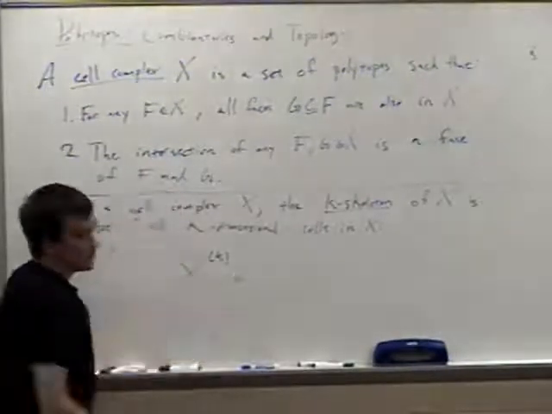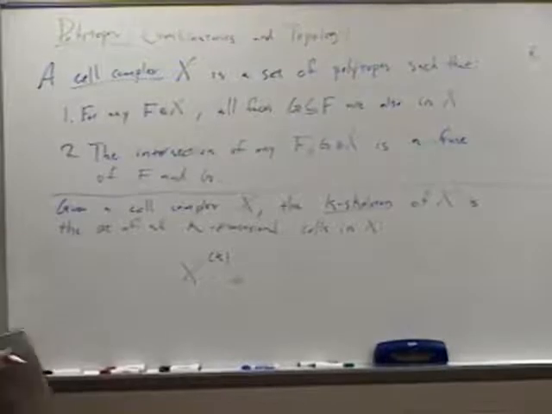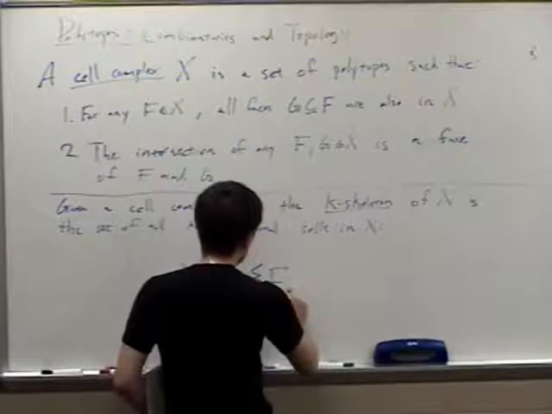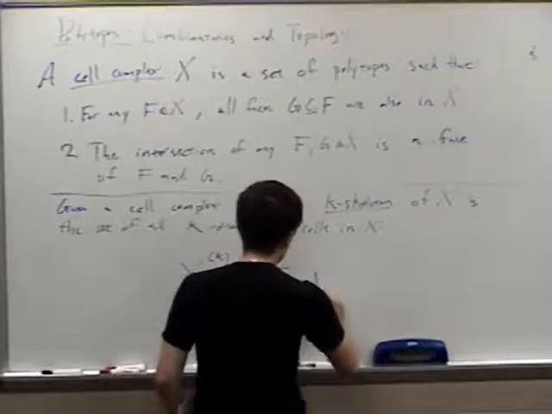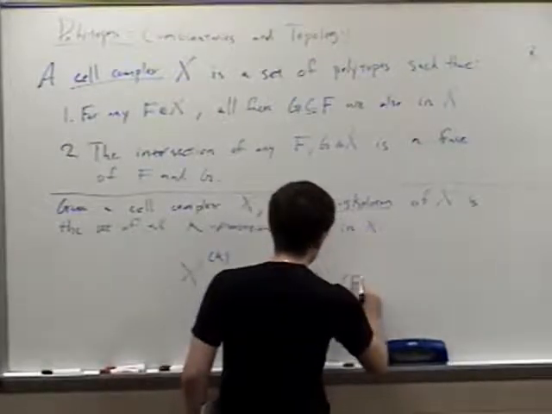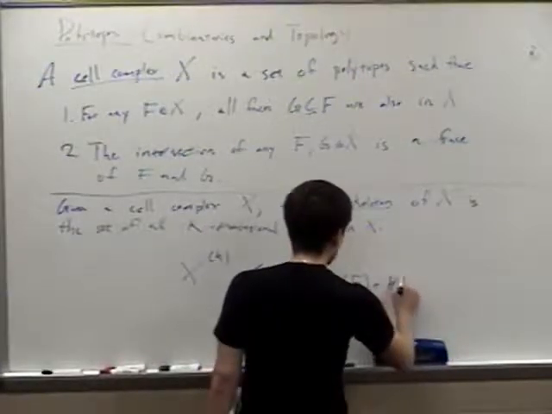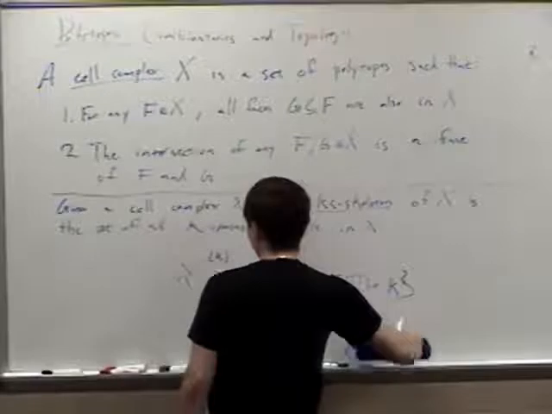So we put these like little parentheses around k, all right? And this is the k-skeleton of X. And it's just the set of all of these faces F such that the dimension of F equals k. All right.